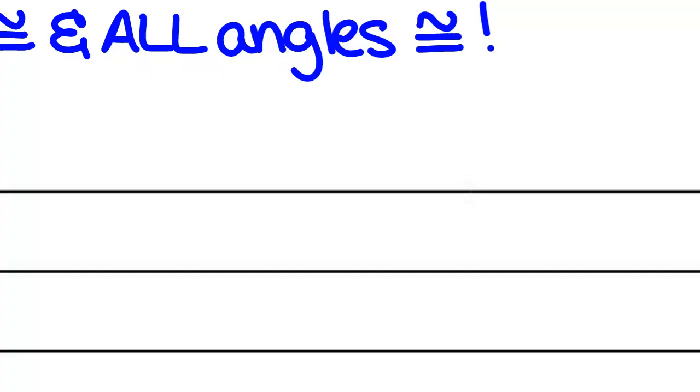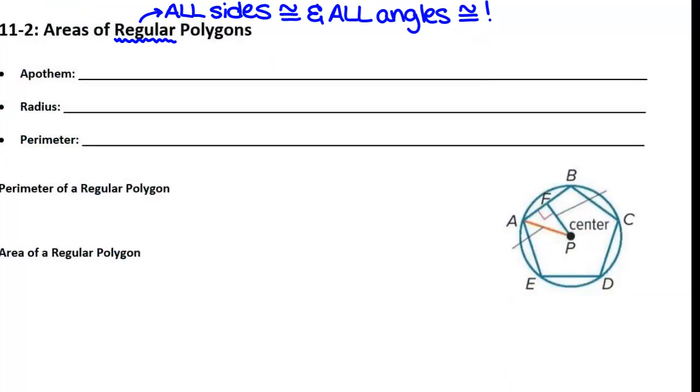So there are a couple things that we need to talk about with regular polygons, some vocabulary that we need to get out of the way at the beginning. The first one is this new word called the apothem.